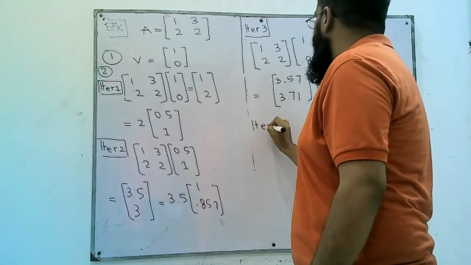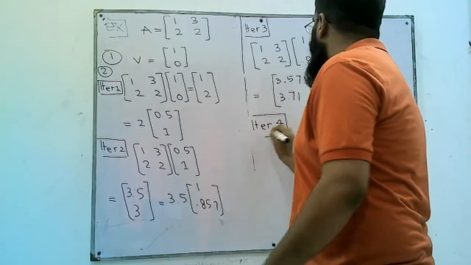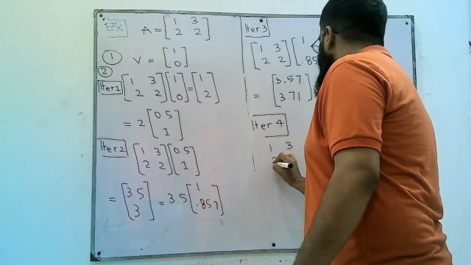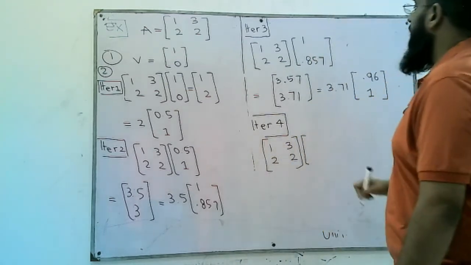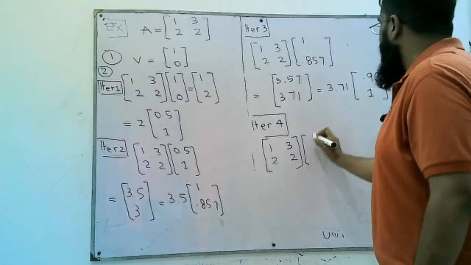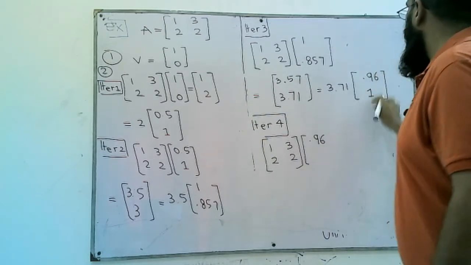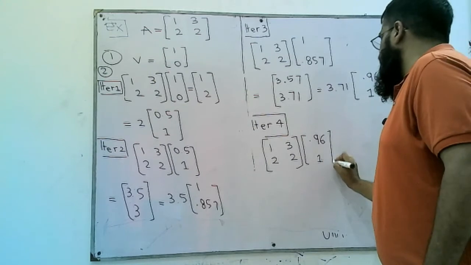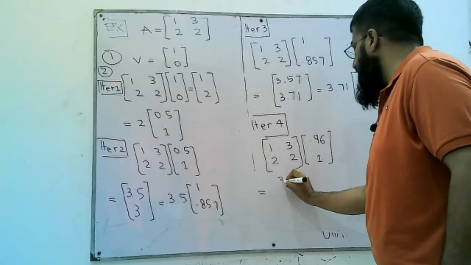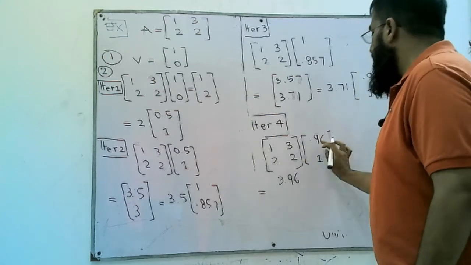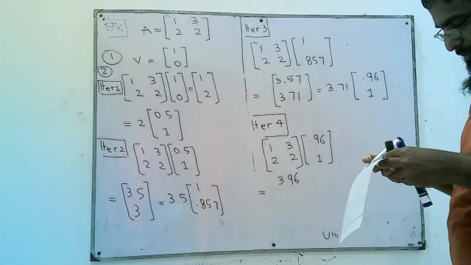Iteration number 4: A times the vector V that we computed in the last iteration. 1 times 0.96 plus 3 is 3.96. 2 times 0.96 plus 2 is 3.92.